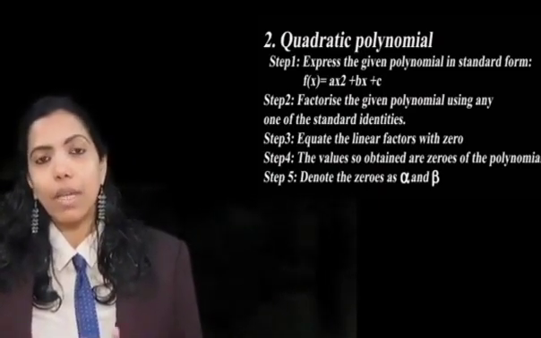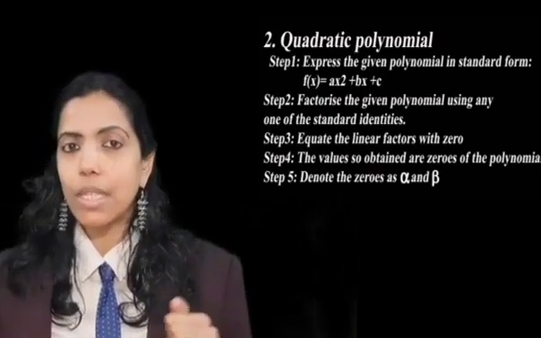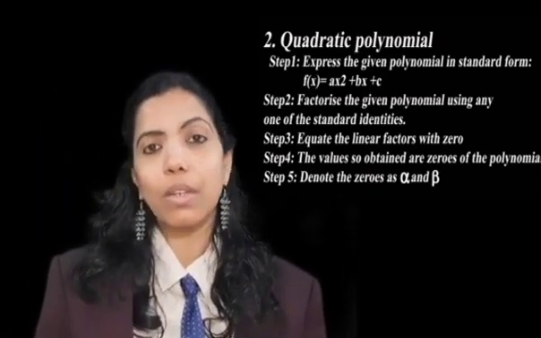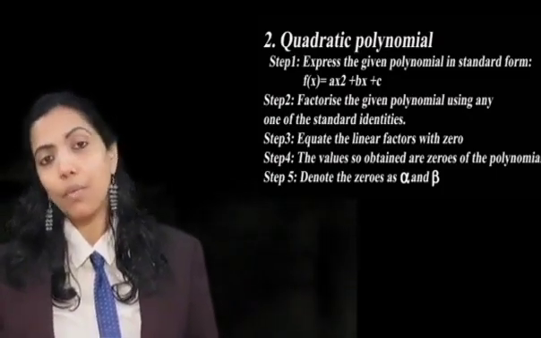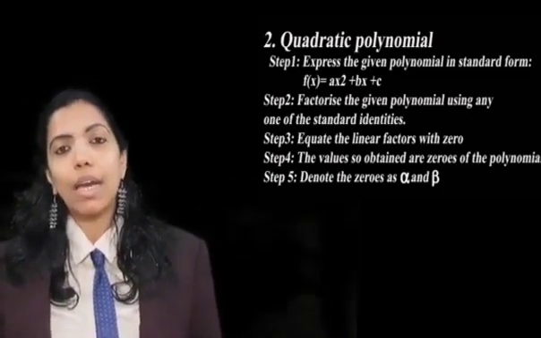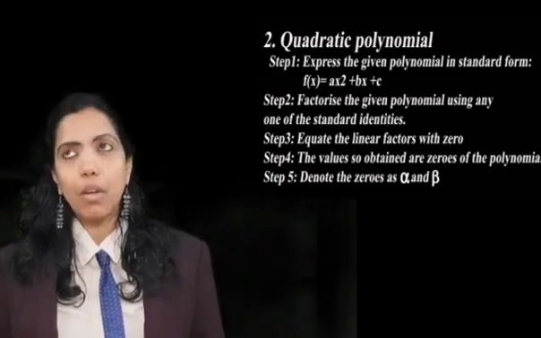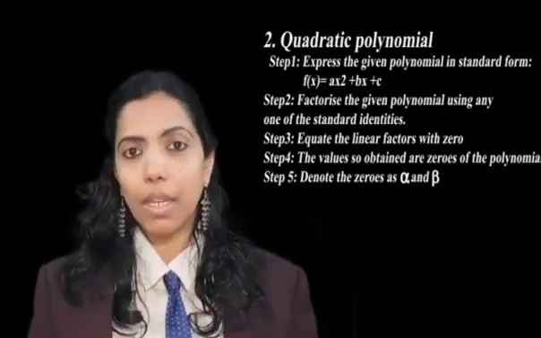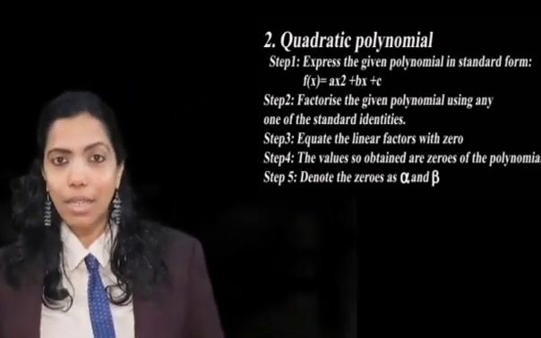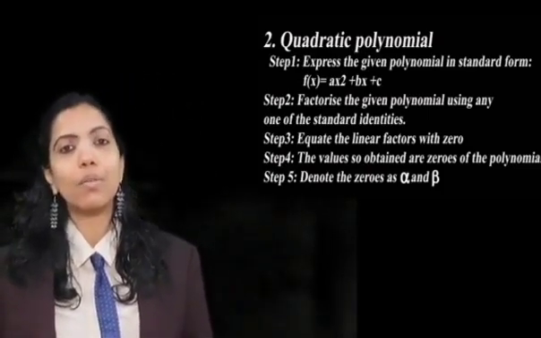Here I can give the variable alpha if there is only 1 zero. But for a quadratic, 2 zeros are there, so it is not sufficient. We need one more, so I am denoting it as beta. And if I am thinking about a cubic polynomial, definitely 3 zeros should be there and I need one more letter. So here comes the role of gamma.